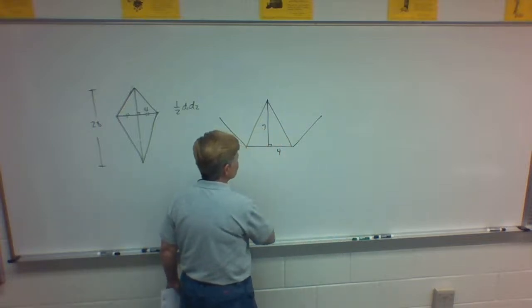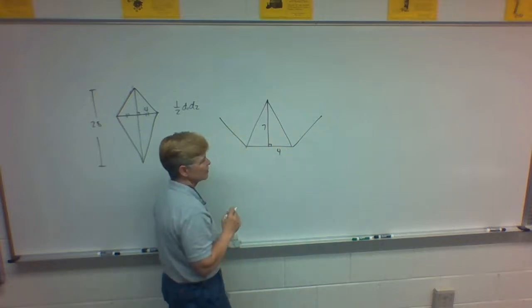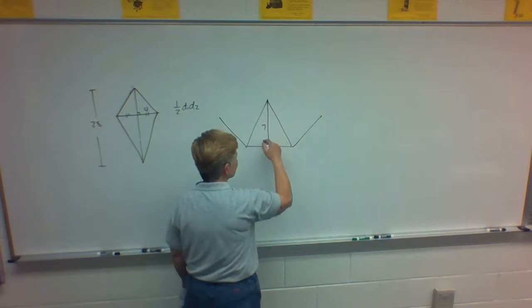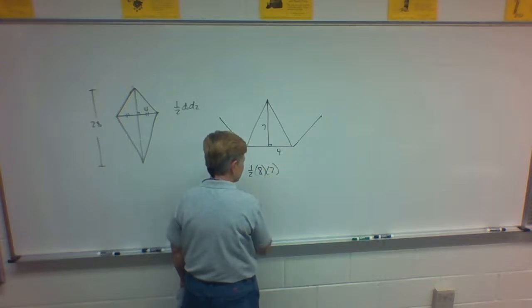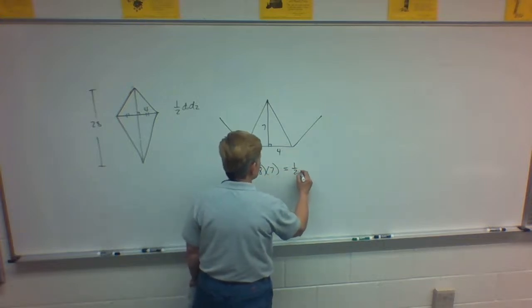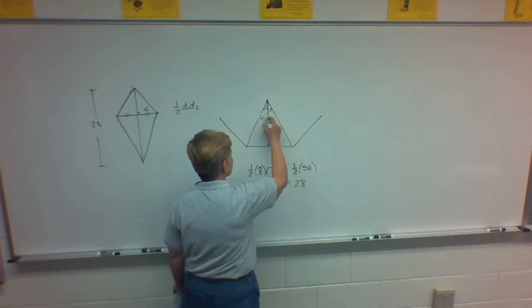I've got the apothem, which is the height of that triangle, and I know how long this is. It's going to be 8. So the area of this one triangle is going to be 1/2 of 8 times 7. That's 1/2 of 56, which is 28. And that's the area of this one triangle.